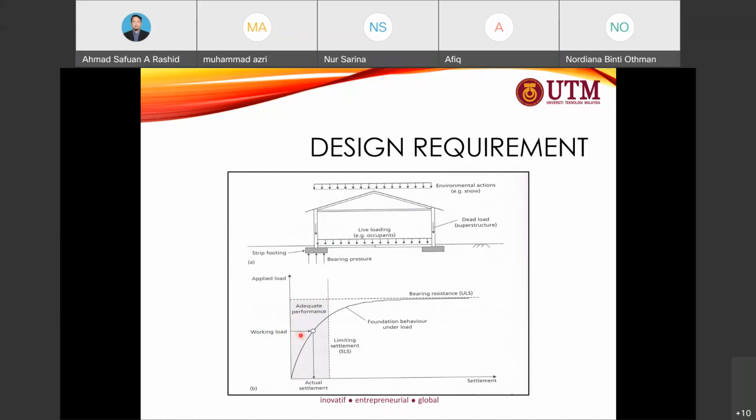So we provide the actual settlement. So this is the bearing resistance, the ultimate limit state. It means that normally this value is divided by several factors of safety in order to obtain the working load that could be applied on the soil.